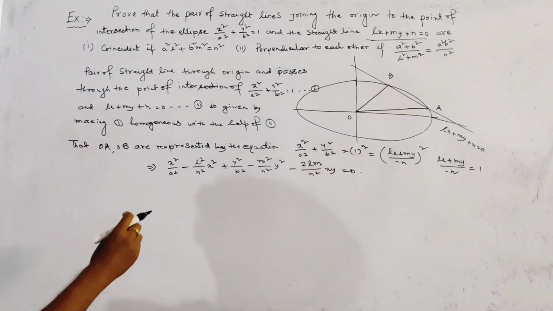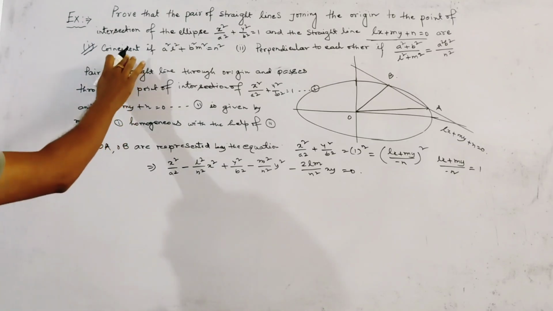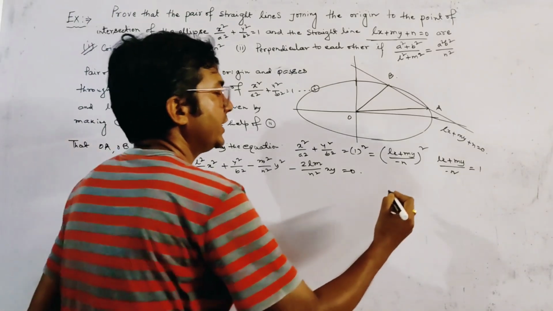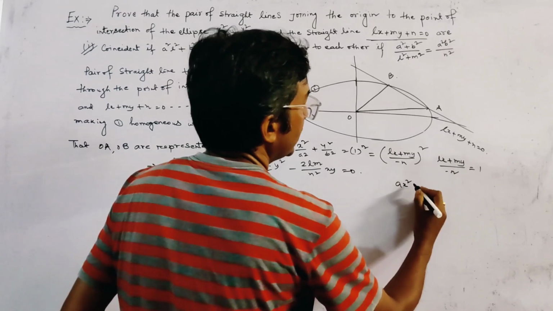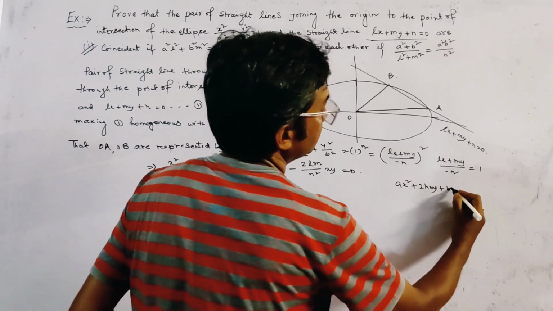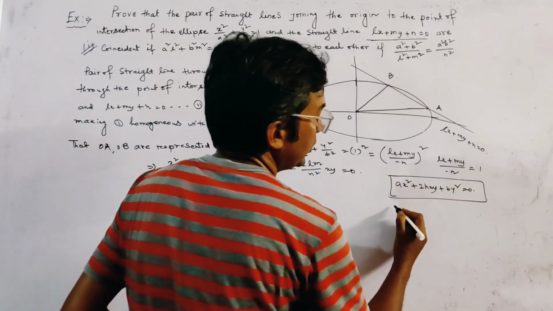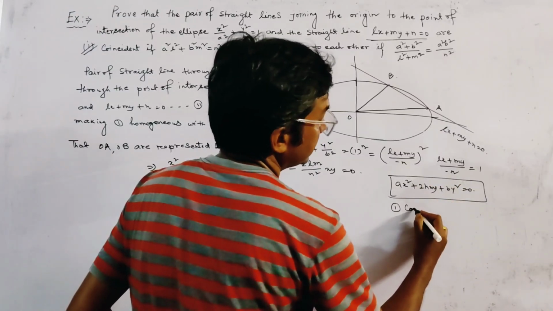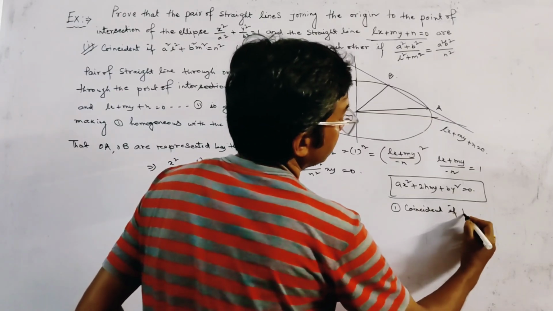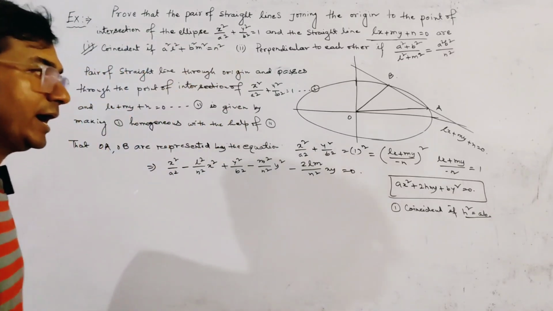Now we get the conditions one by one. The first condition is that the lines are coincident. For the lines ax square plus 2hxy plus by square equal to 0, the lines are coincident if h square is equal to ab.